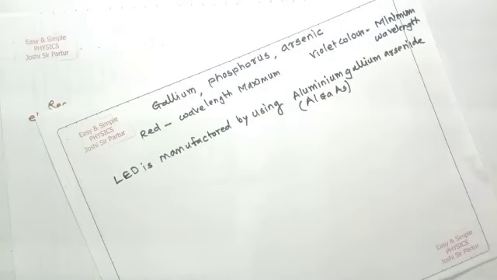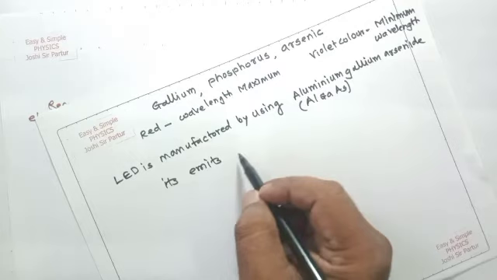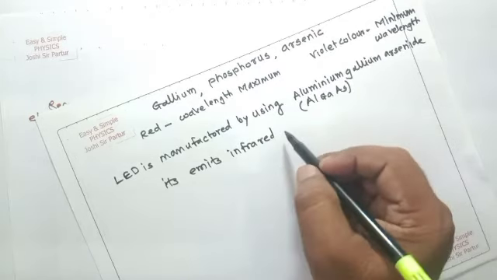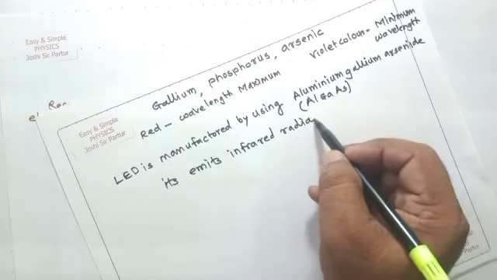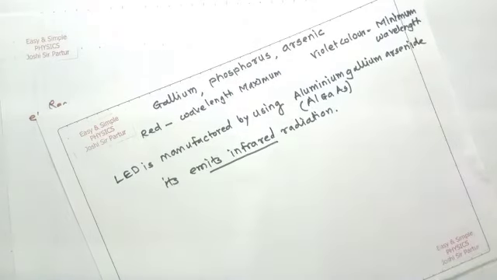When aluminum gallium arsenide material is used, then it emits infrared radiation. Means infrared radiation will be emitted.